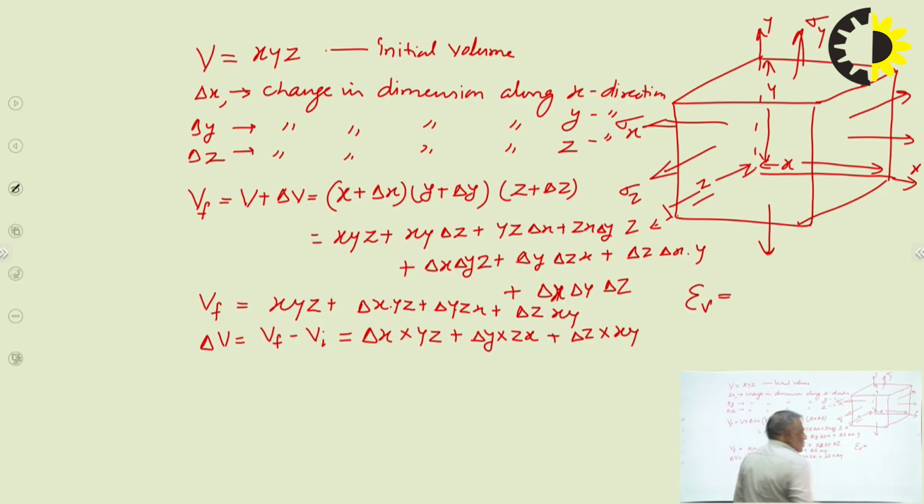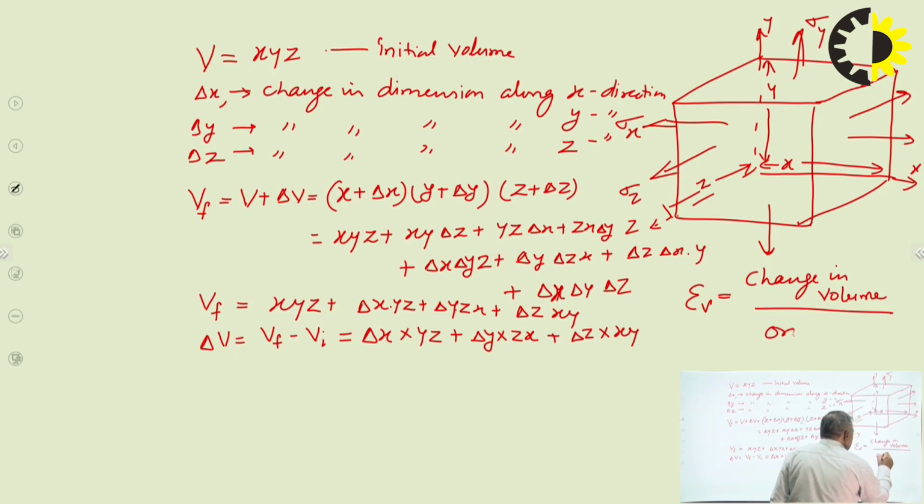By definition of volumetric strain, epsilon V is equal to change in volume upon original volume.